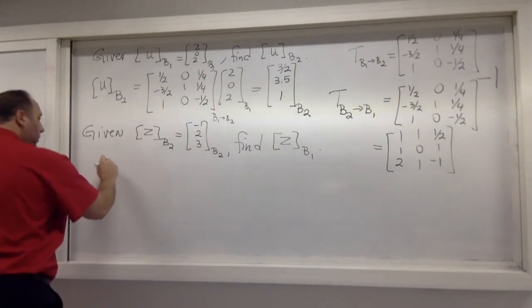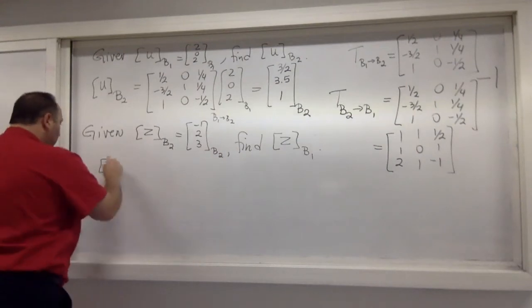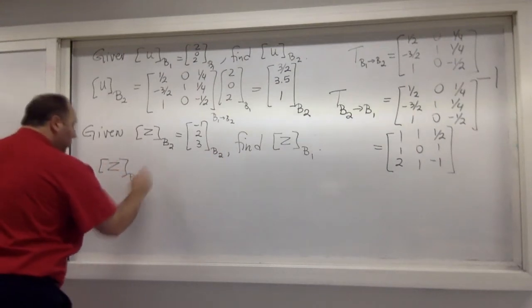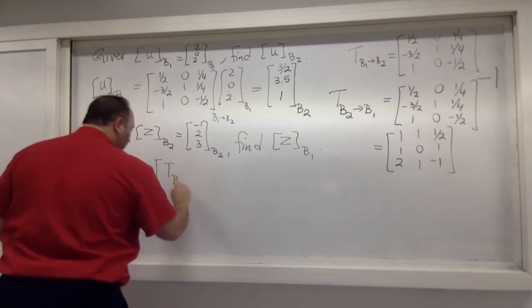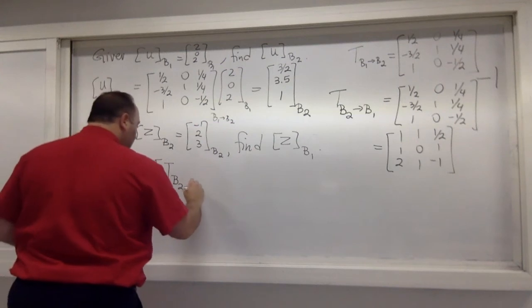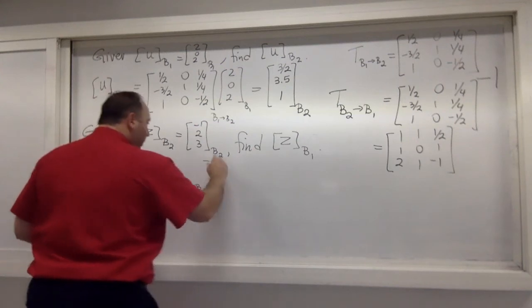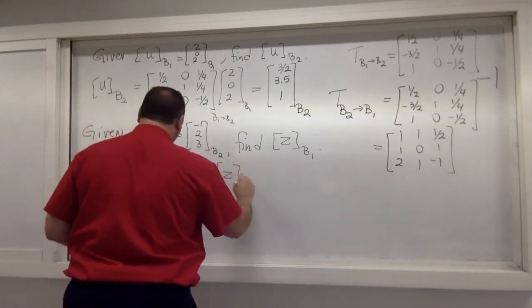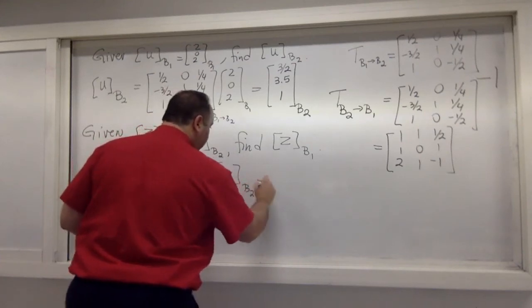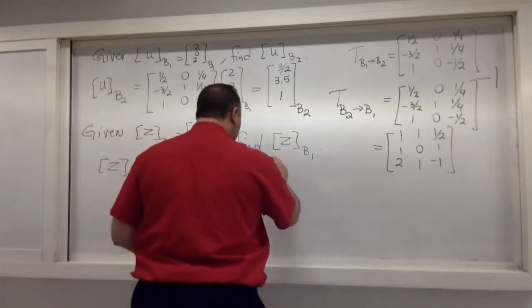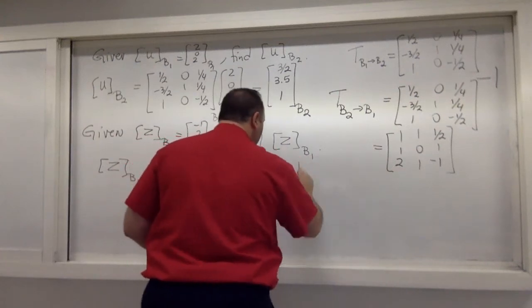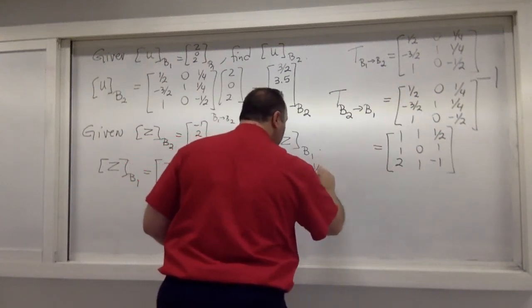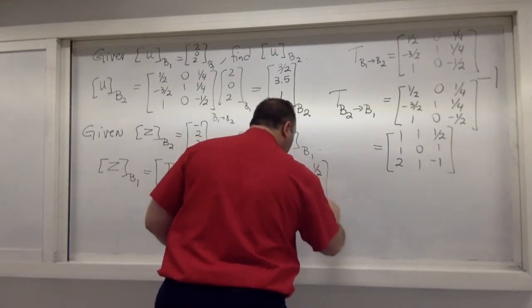So, coordinates of Z in B1 are given by, so I'm going to schematically write, I'm going from B2 to B1 times the coordinates of the guy in B2. So this will give me what I need. So this is the transition matrix, 1, 2, 1, and 1, times.